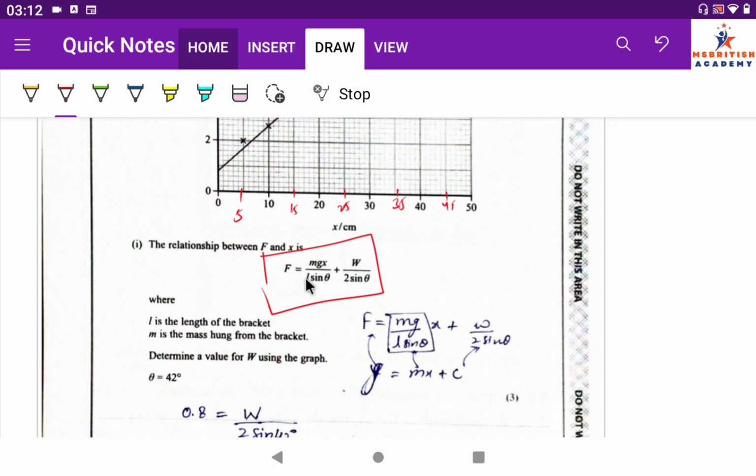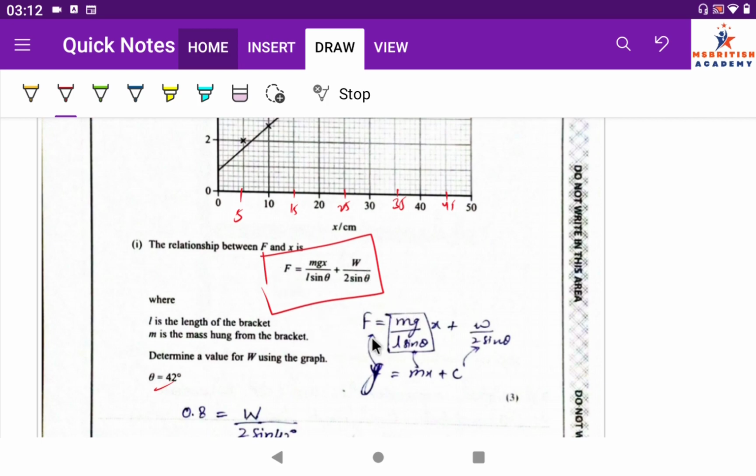L is the length of the bracket, and M is the mass hung from the bracket. Determine a value for W using the graph, and theta is 42.